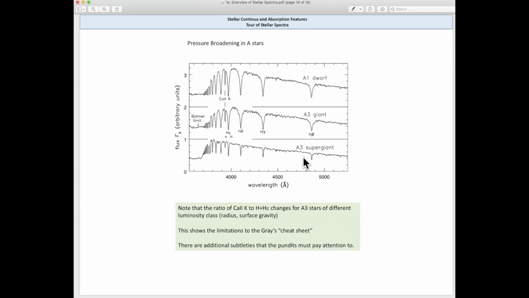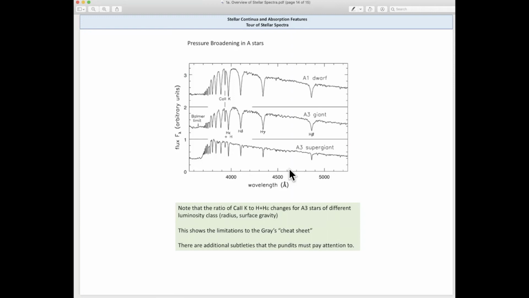It's because the pressure in their atmospheres are different, and the dwarf stars have much higher pressure and densities. So, for example, the thermal broadening of all these stars is almost identical because their temperatures are all almost identical, give or take a few degrees here and there. But the pressure broadening is very different between them.